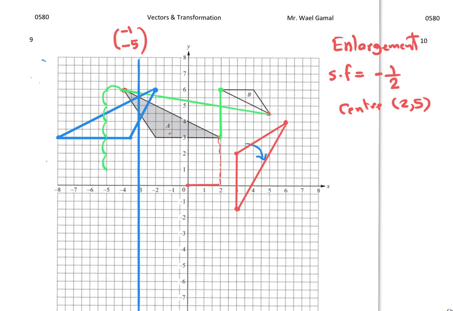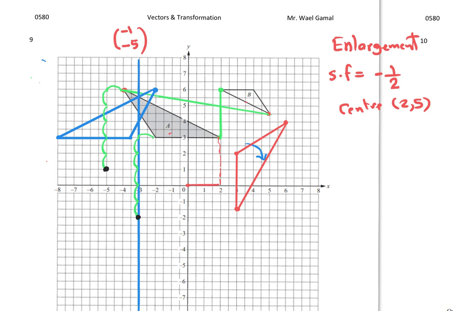So this is the image for this point. Now we can draw the rest. If it's hard to deduce the rest, you can do the same with your pencil: 1 to the left, then 5 down, 1, 2, 3, 4, 5.